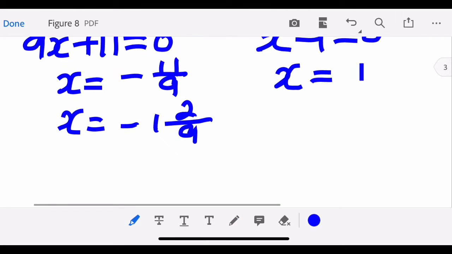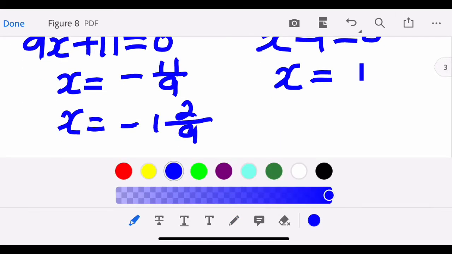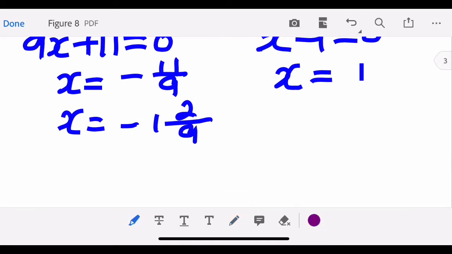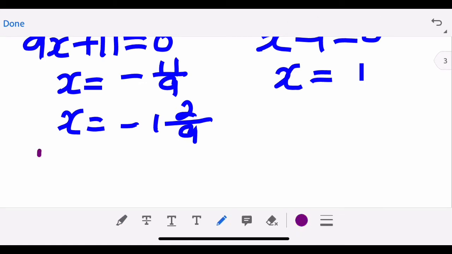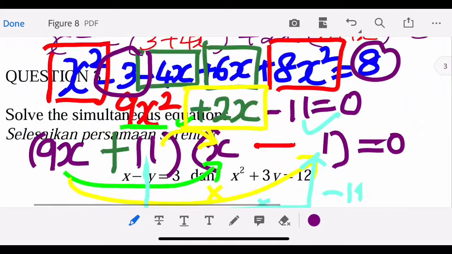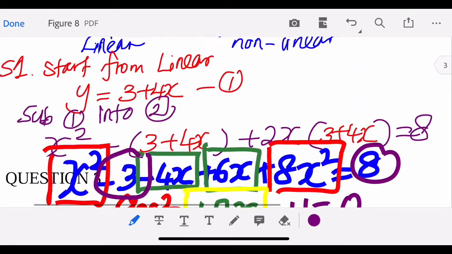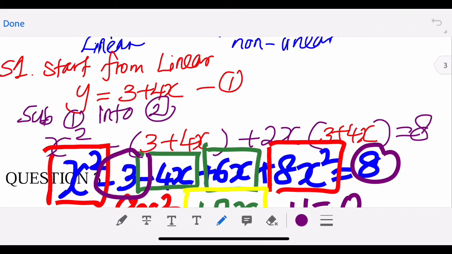And don't forget, you must find back your y values. So we have to substitute x into equation number 1 just now, which is actually y equals 3 plus 4x, right? Alright, so we are going to substitute carefully into equation number 1.